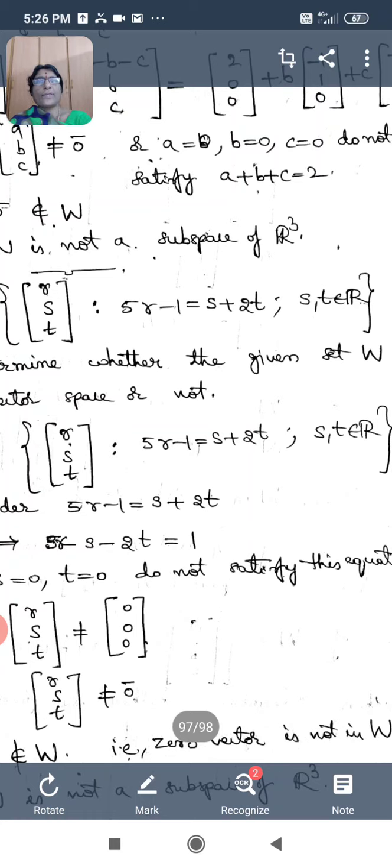variables satisfy the equation 5R - 1 = S + 2T.